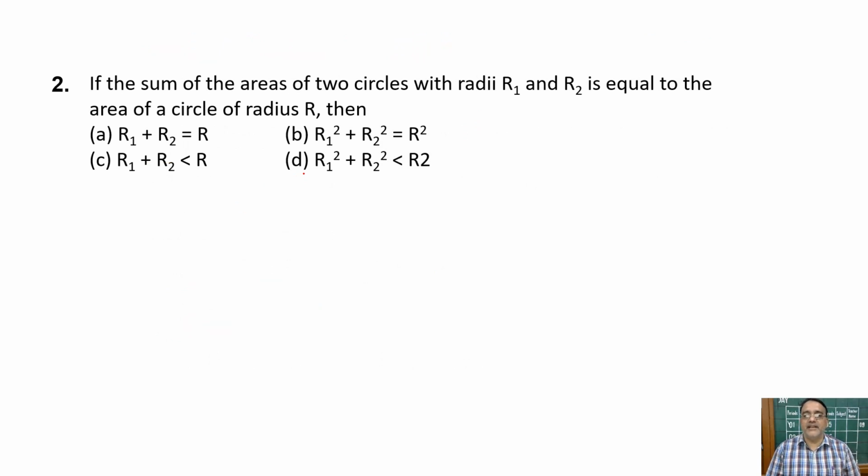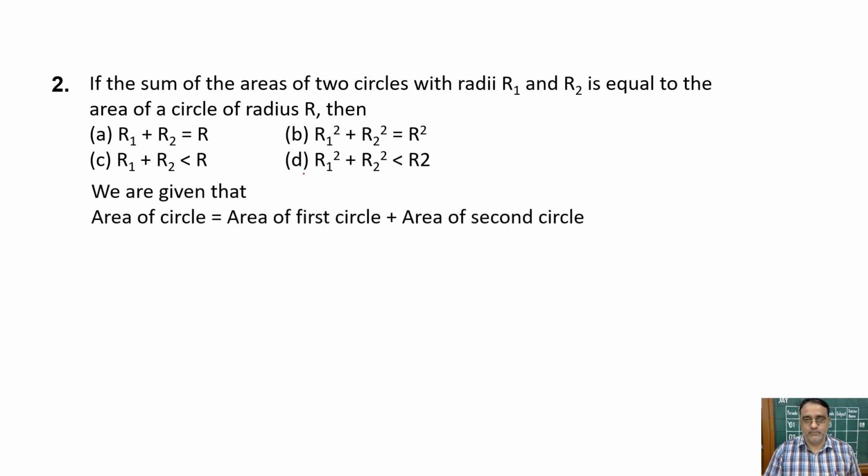If the sum of the areas of two circles with radii r1 and r2 is equal to the area of the circle of radius r, then we have to select the correct option. So what is given, that area of circle is equal to area of one circle plus area of second circle, right? So the radius of the circle is r.